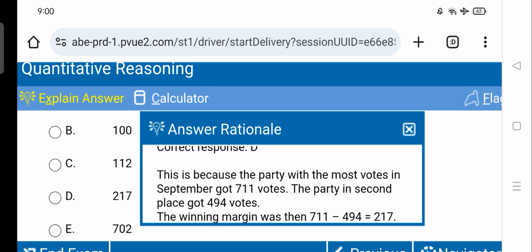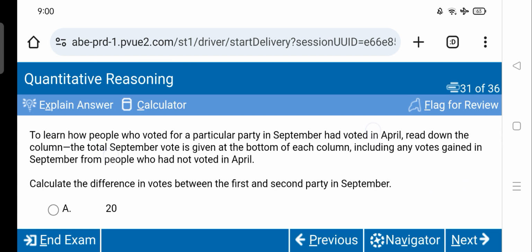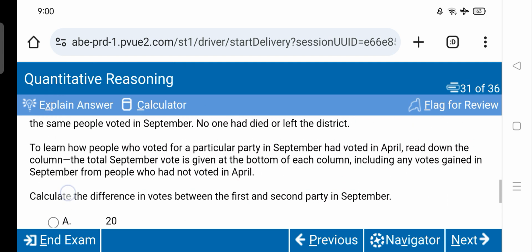The winning margin was then 711 minus 494 equals 217. So the correct option is option D. That 217 is the difference in votes between the first and second party in September.